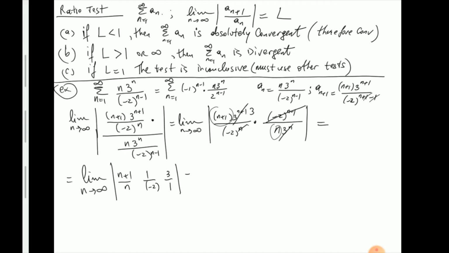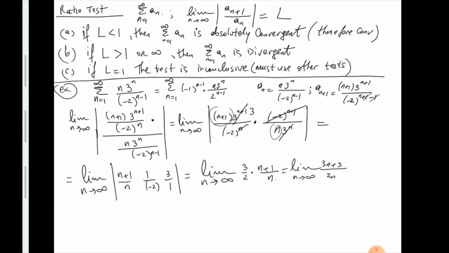Now, remember, n is a positive number, so now it's time to take into account the absolute value, which will essentially make this a positive quantity. So it's going to be 3 over 2 times n plus 1 over n. Or if you want it as a single fraction, that's 3n plus 3 over 2n.